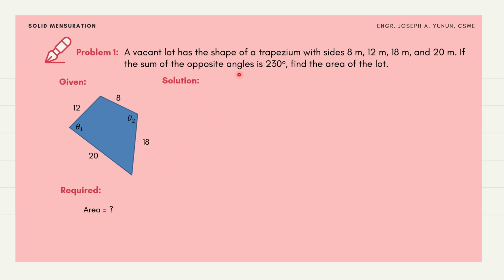Based on the given, you have the sum of two opposite angles, which is 230 degrees. So we can solve for (theta 1 plus theta 2) all over 2, which is equivalent to 230 degrees all over 2. And that gives us 115 degrees for that particular value.